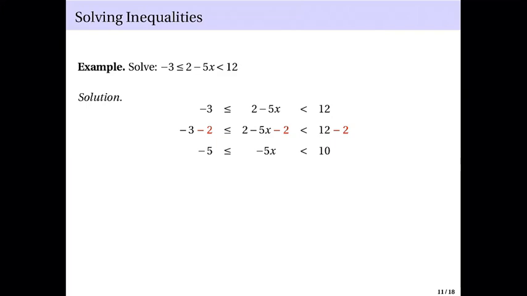But since we are multiplying by a negative number, we change the direction of the inequality. From less than or equal, it becomes greater than or equal. Here, from less than, it becomes greater than. We change the direction at the instant we put this multiplier -1/5.